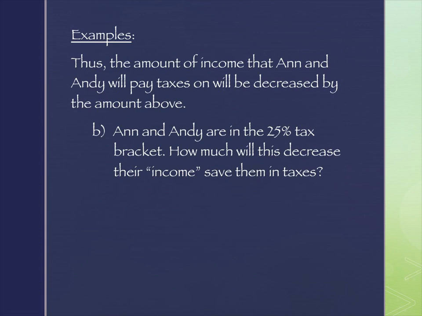So they're going to take this $3,750 that they paid to the bank, and 25% of it, because that's their tax bracket, is how much they're going to save on their taxes. So what do they get when they do this? How much are they saving on their taxes by owning that home? $937.50. That's how much they save on their taxes.